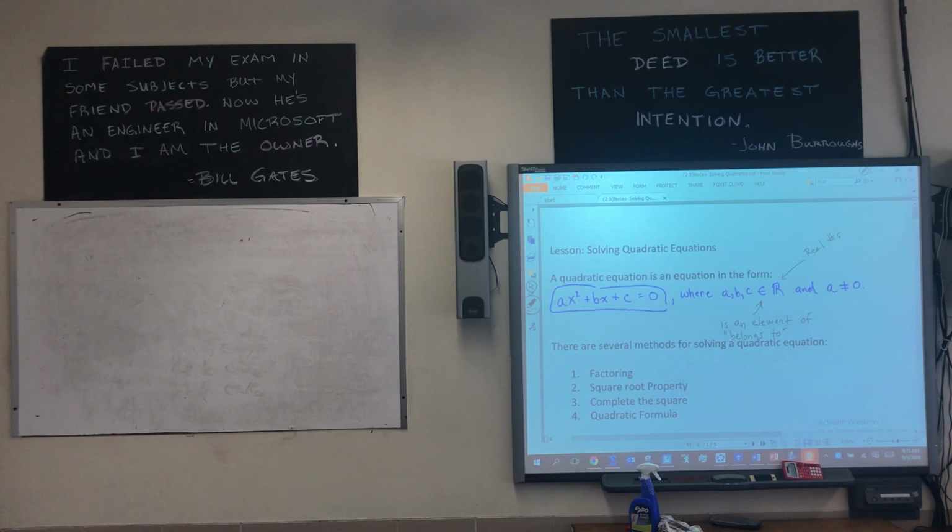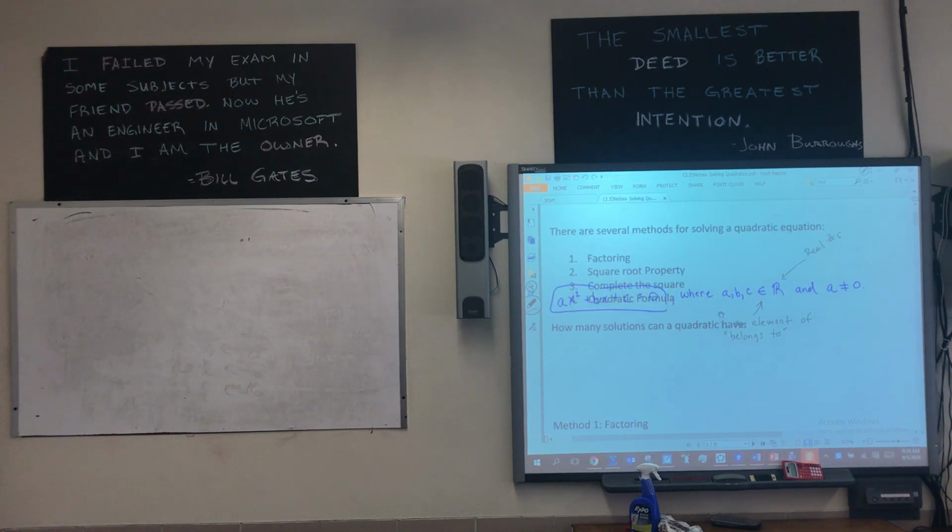And then we've got some unique situations with the square root property. You can use the square root property when you don't have a linear term. We can do completing the square, which will always work regardless of what we start with, and the quadratic formula again will work regardless of what we start with. So those are just some options we talked about maybe in the past, and those are the things we're going to try to target throughout this series of the next 2 or 3 days. Okay.